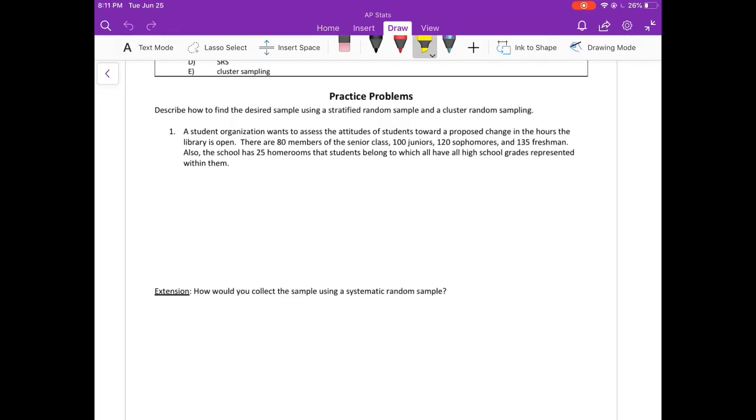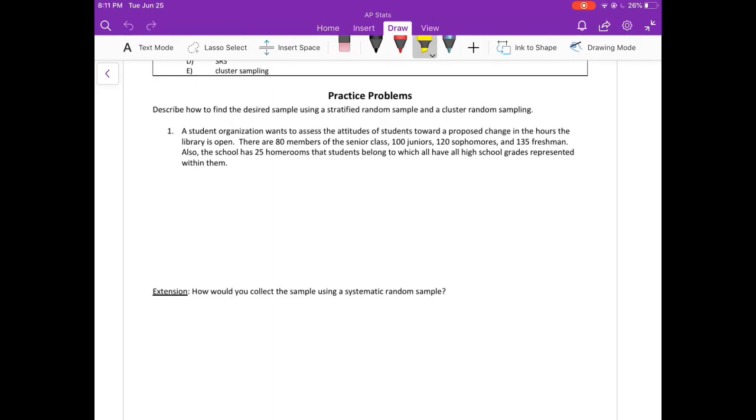So we're going to go ahead and get started with the stratified random sampling. So remember, this is the one where we're choosing some from all, okay? So number 1 is you're going to number each student in each class.